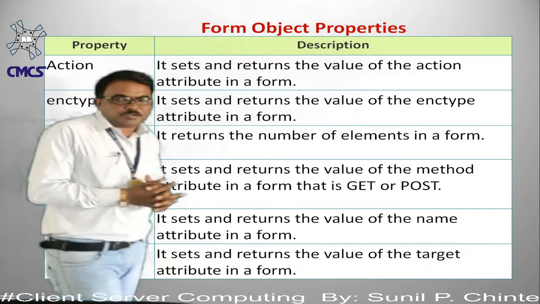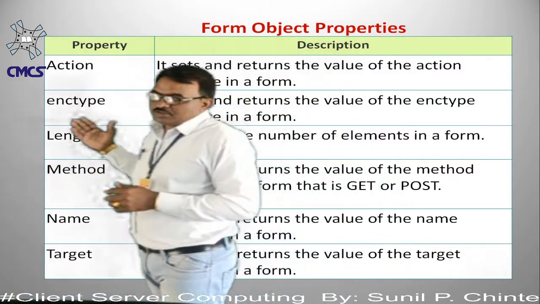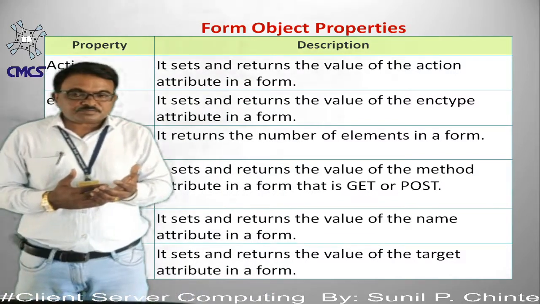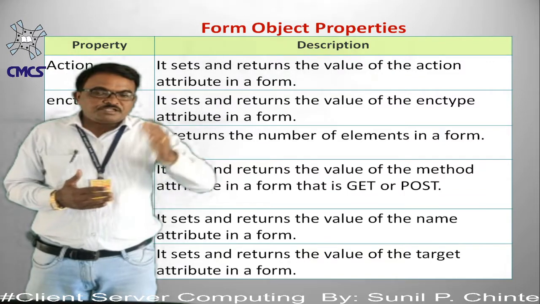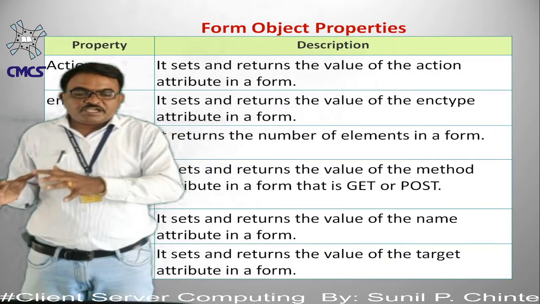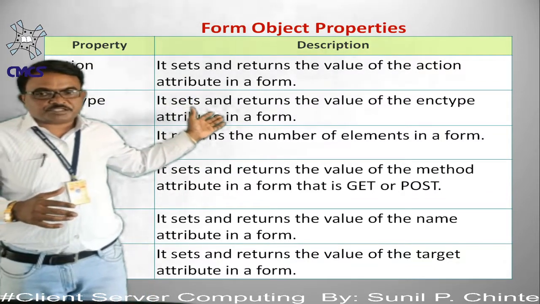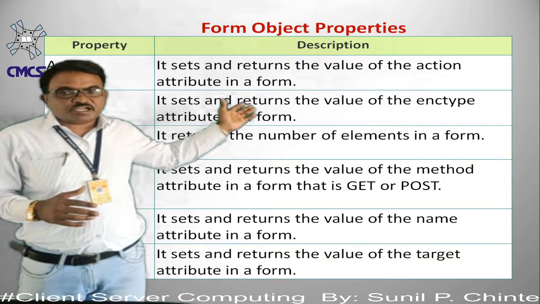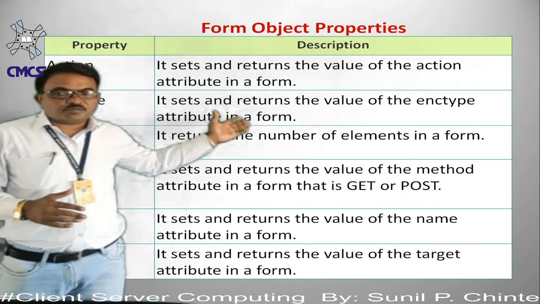The next property is enctype. Generally enctype is used to encode the data that is to be sent from client to server. The data is encoded by using the enctype property. It sets and returns the value of the enctype attribute in a form.